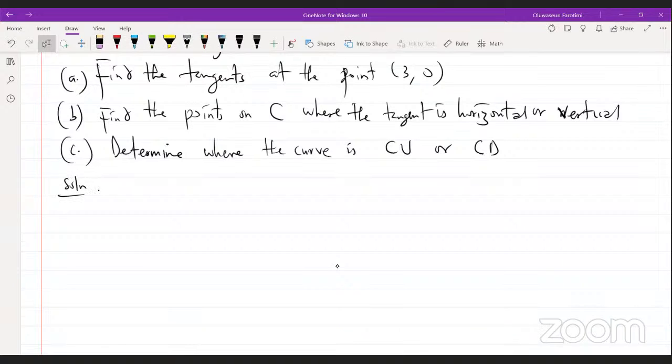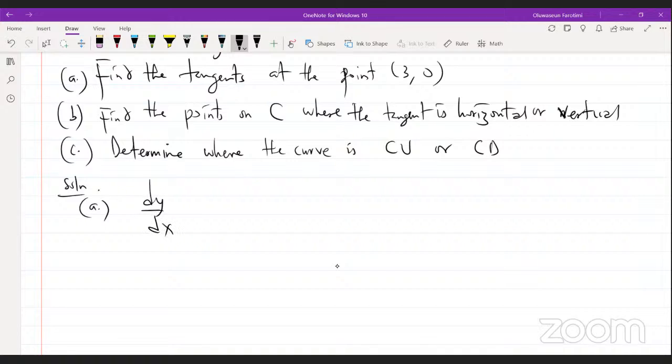Now we need to find the tangent. So for part A, what does that mean? I need to find dy/dx.